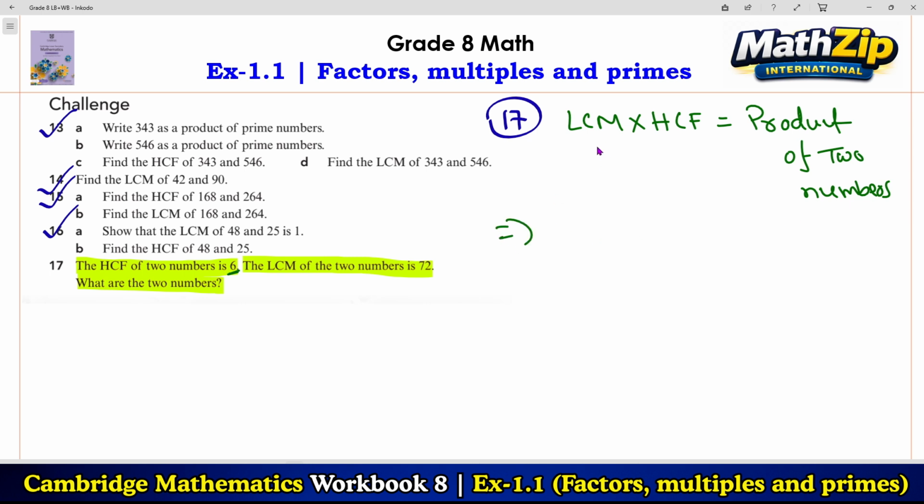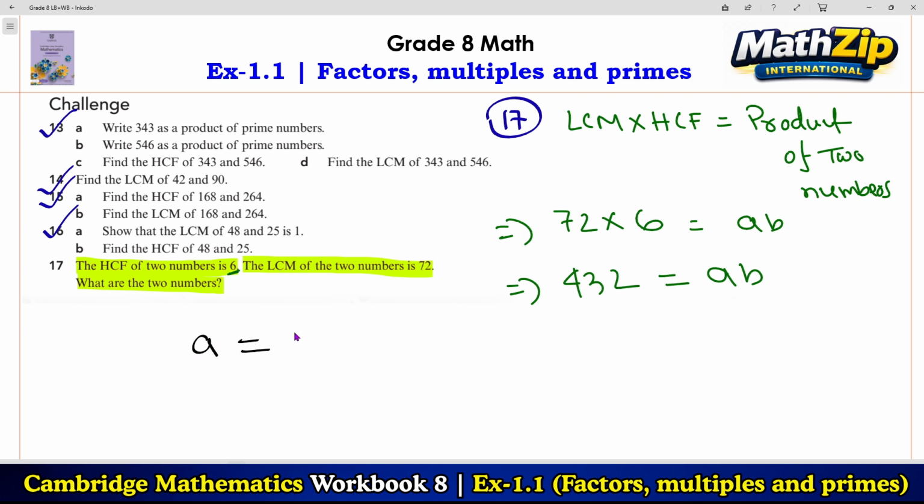So here the LCM is 72 and the HCF is 6, and the product of the two numbers is AB. Once we multiply 72 times 6, it will be 432. So 432 equals AB.